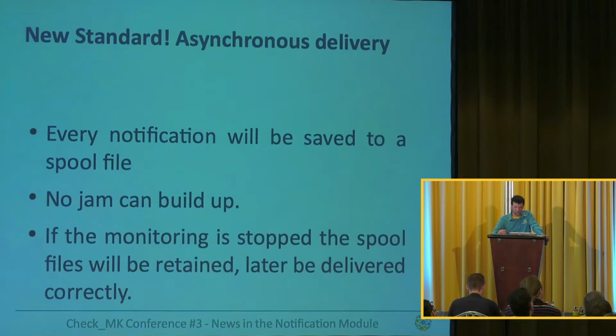So as soon as the notification daemon is running, all the alarms are being spooled to files. There can be no backlog, no jamming. And if the core of the notification stops for any reason, the alarms will be processed afterward. So no email, no alarm gets lost.